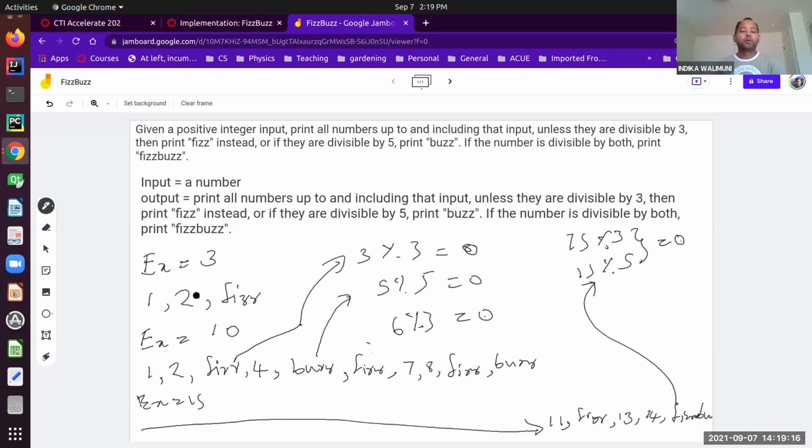If the number is 15, we have to print 1 to 15, and in the middle, we have to figure out where to print Fizz, Buzz, and FizzBuzz. So looping is involved, and to check whether these are 0, if conditionals are involved. I hope you can now write the plan for this.